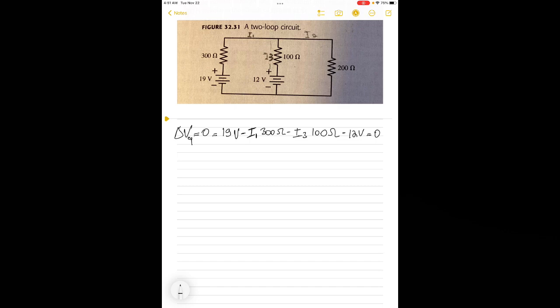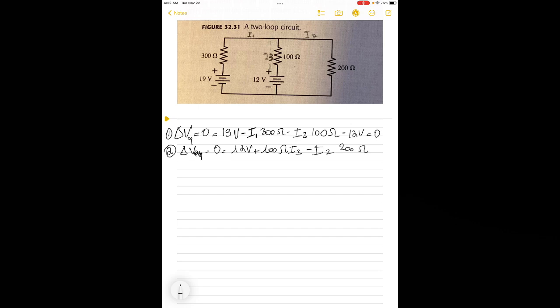So this one is the first loop. For the second loop, we have a differential voltage that has to equal 0, and that's 12 volt. We have an increase of current, plus 100 ohms times the E3, and then a current drop again, minus E2, 200 ohms.